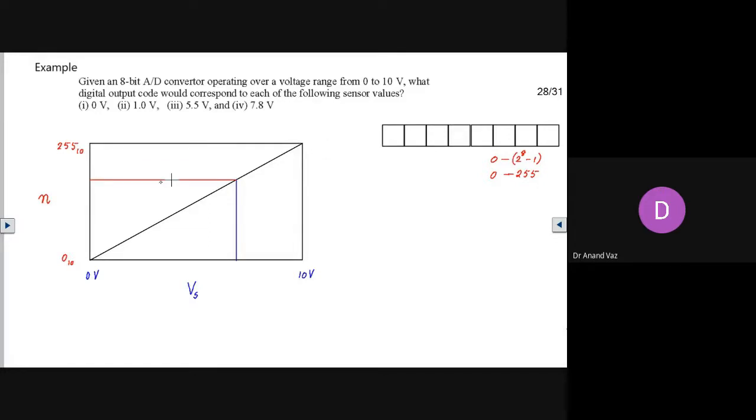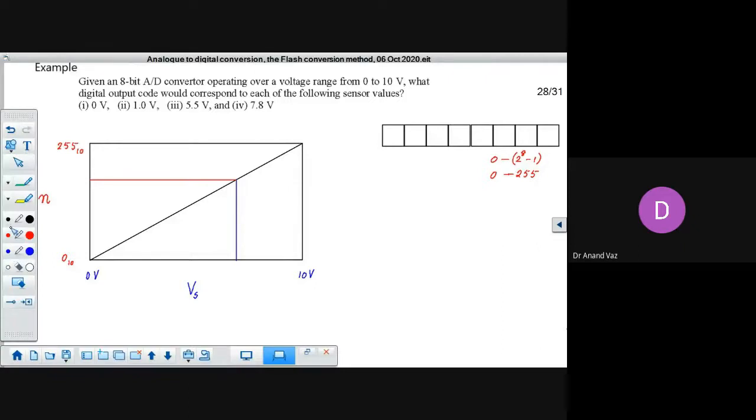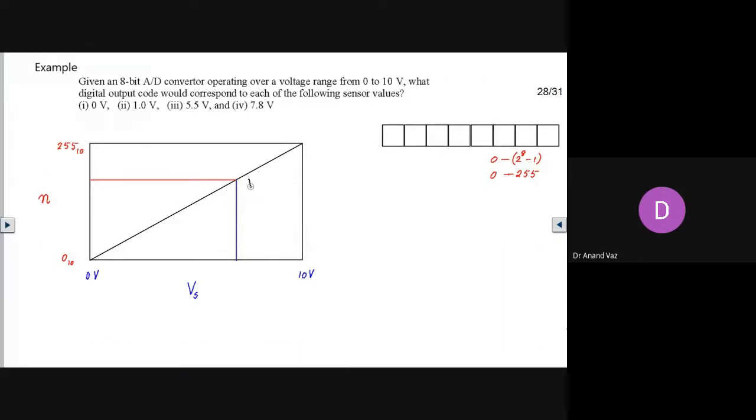So the coordinate of this will be Vs, and corresponding to this Vs, the digitized value is n. Naturally, it's an 8-bit integer. Okay, n is an 8-bit integer.